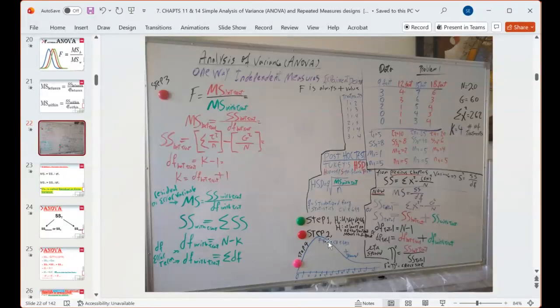You notice that the distribution for ANOVA is no longer symmetrical or bell-shaped. It's positively skewed. It has a tail on the right. That tells us that the value of ANOVA will always be positive. It's not going to be less than 0. It starts at 0 and goes to the right.